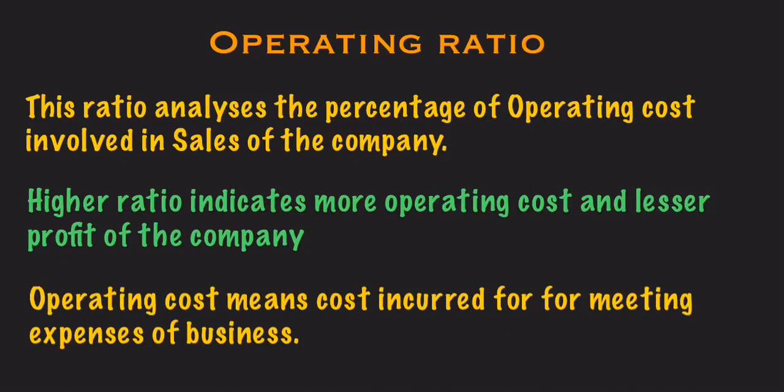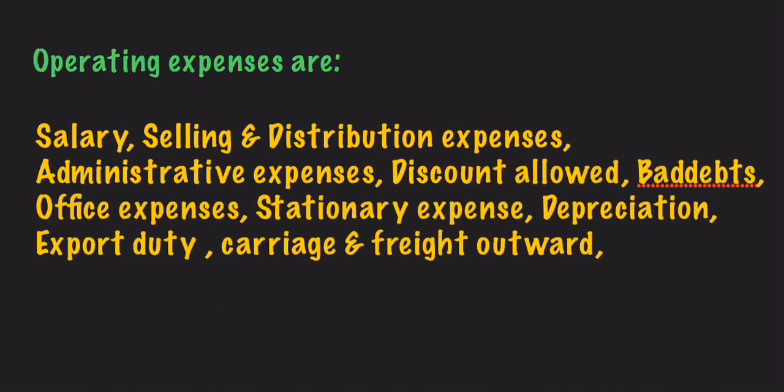Now what is this operating cost? It means cost incurred for meeting day-to-day expenses of the business. Remember that operating cost is related only to the activities of the business. Some examples are: salary given to employees of the company, selling and distribution expenses, administrative expense, discount allowed, bad debts, office expense.